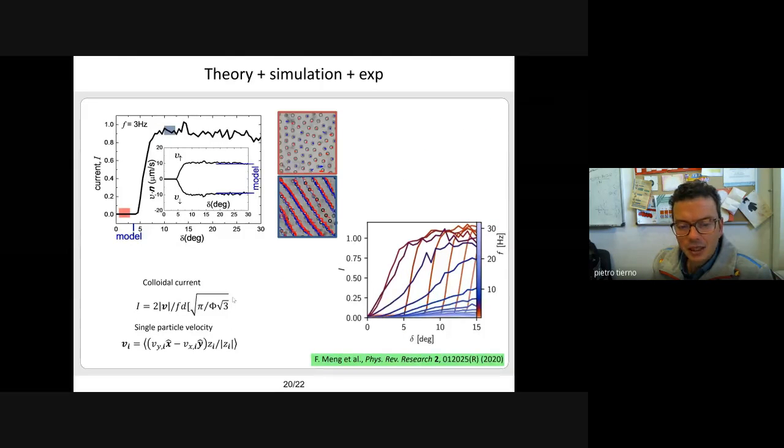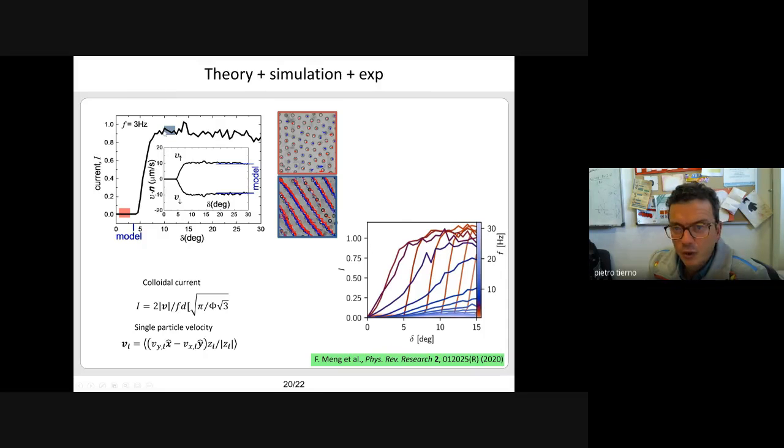But let me just tell you that we can further explore the dynamics in the system via numerical simulation, because of course we can control the tilt angle, and we can also control the packing fraction. Everything is under control. In the experiment, it's very difficult to control this delta, but we can more or less have an estimate of where this delta should be.